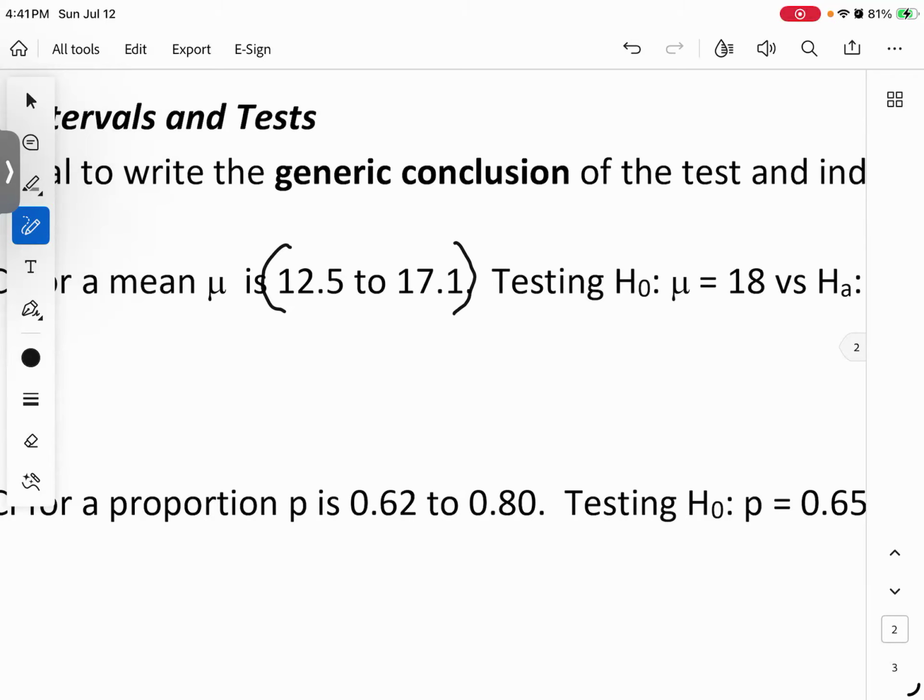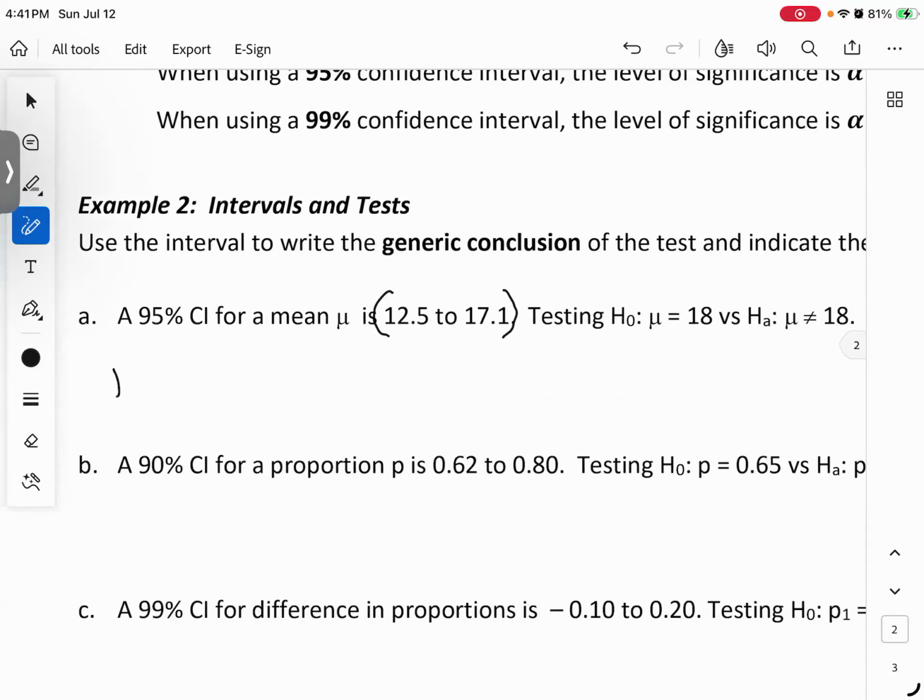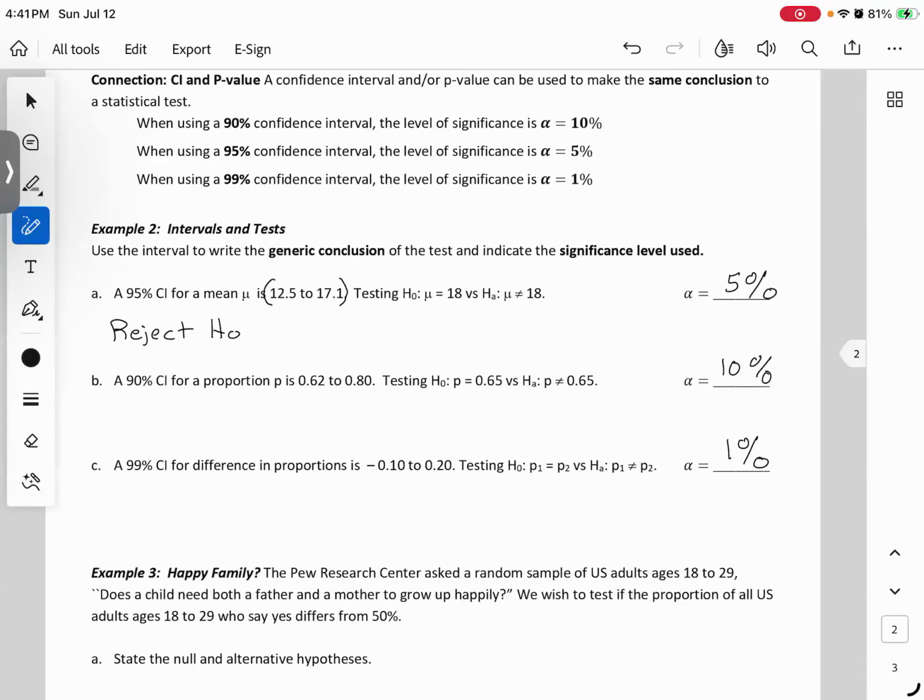As long as it's not in there, you can reject it. You can reject the null. Now, some of the homework is going to ask you to explain. Some of it's not going to ask you to explain. This one's not, but I'm going to go ahead and do it just in case. 18 is not in the interval as our reason why we're rejecting the null.